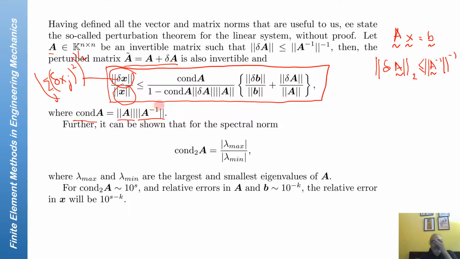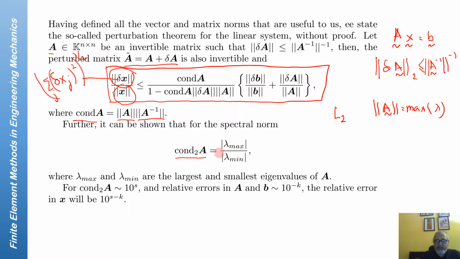Condition number of A is simply the norm of A multiplied by the norm of A inverse. When we use the L2 norm, remember that the norm of A is the maximum eigenvalue of A. When you take the norm of A inverse, you get the maximum eigenvalue of A inverse, which is the inverse of the minimum eigenvalue of A. Therefore, the condition number of A in case of the L2 norm is simply lambda max by lambda min.